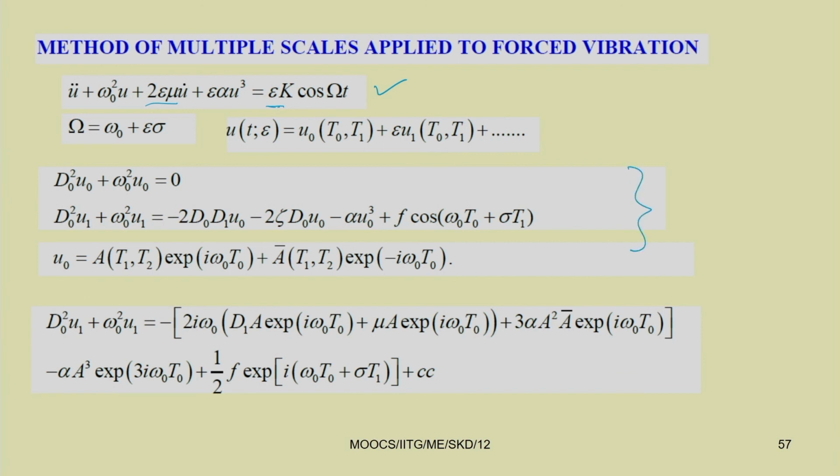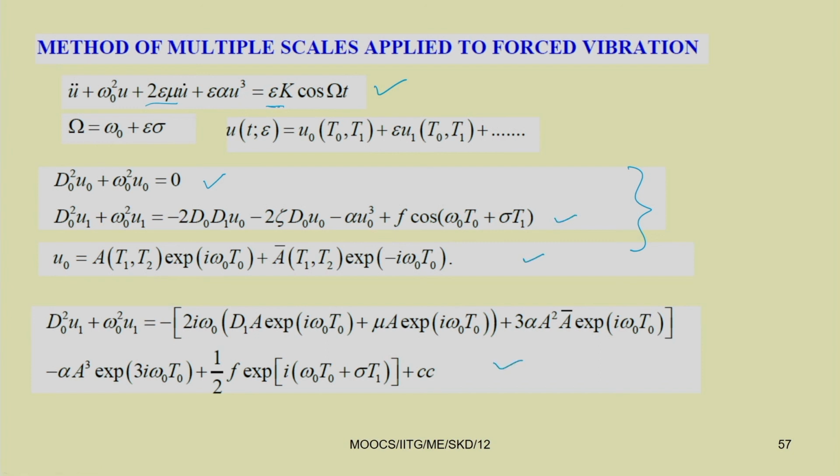The solution of D 0 squared u 0 plus omega 0 squared u 0 equal to 0 is u 0 equal to a(T 1, T 2) e to the power i omega 0 T 0 plus a bar e to the power minus i omega 0 T 0. Substituting this in the higher order equation, that is order epsilon, we can get this equation.